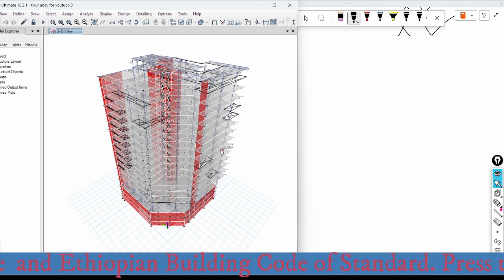But some of the guys requested me that it would be better if I prepare a separate tutorial with reference to the load combinations, because some are confused with some load combinations. That is why I am preparing this tutorial with reference to the load combinations.